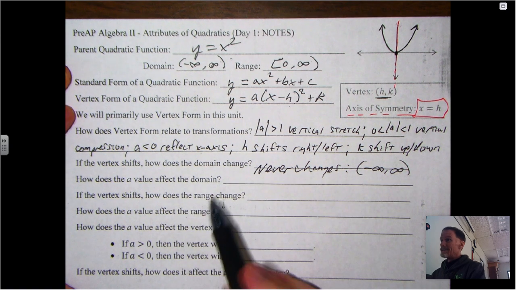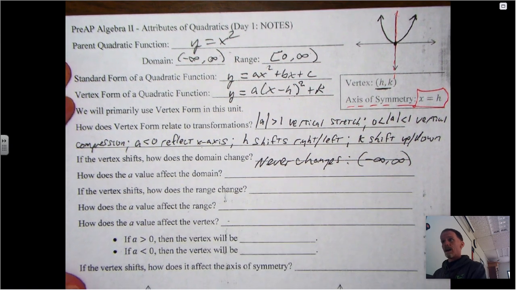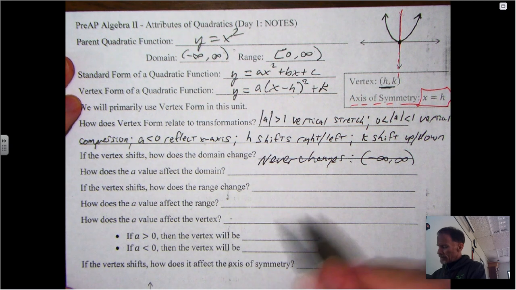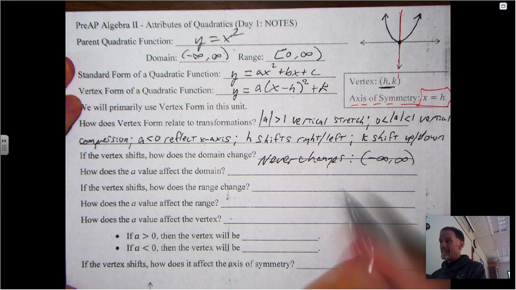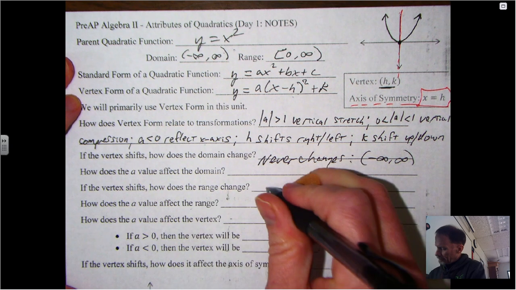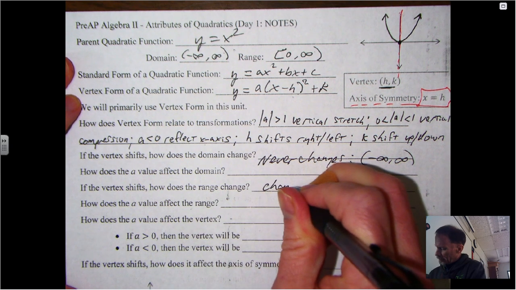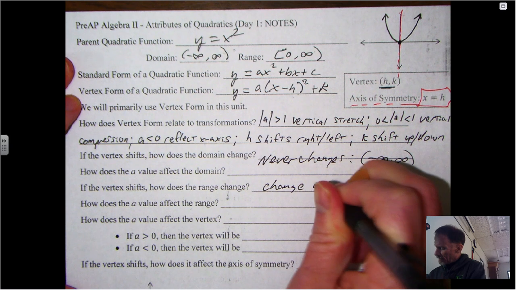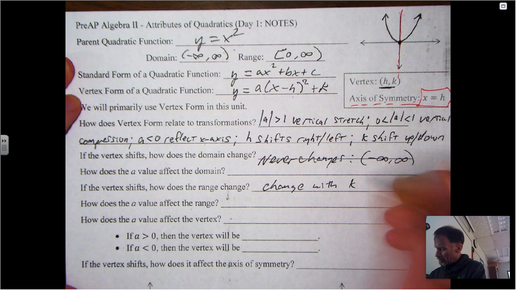But the range does change, okay? And it's always going to change according to the k value, if the parabola shifts up and down.